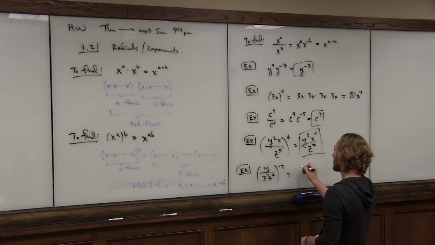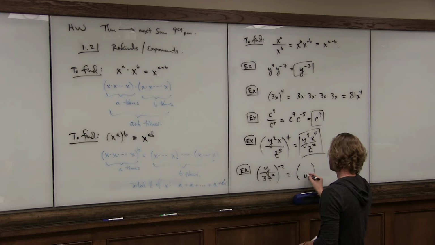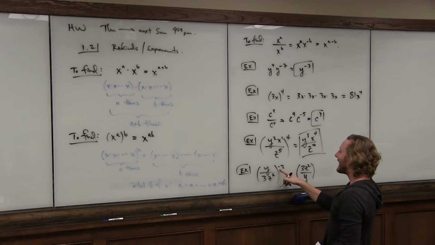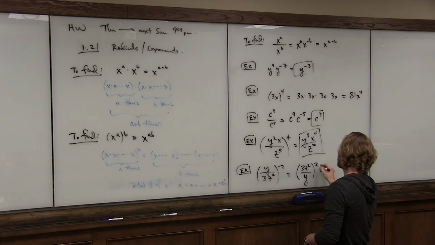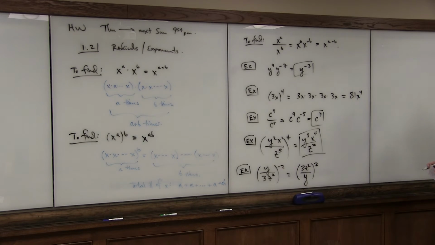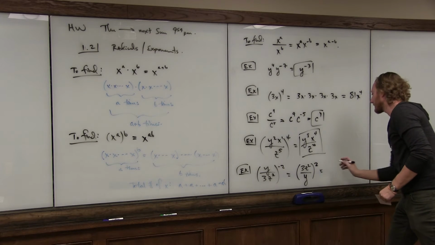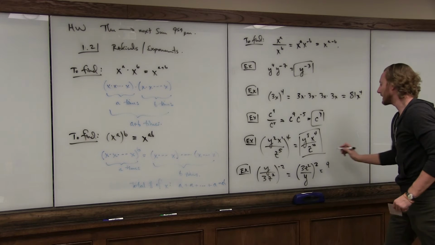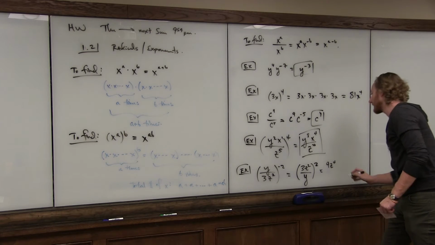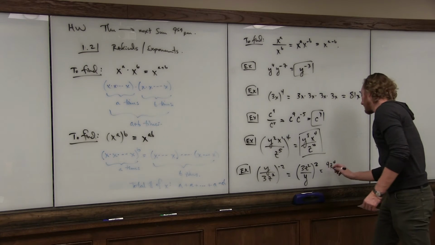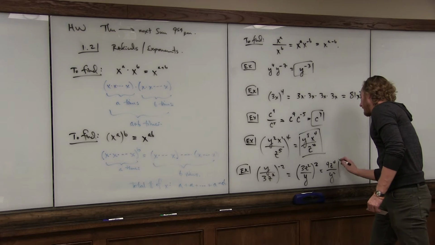To deal with this negative exponent, we can take what's upstairs downstairs, take what's downstairs upstairs, and now, instead of this being negative, it's going to be a positive exponent. To complete the multiplication, we just have 3 times itself twice, that's 9, z squared times itself twice, that's z to the 4th, 2 times 2, and y times itself twice, y squared.